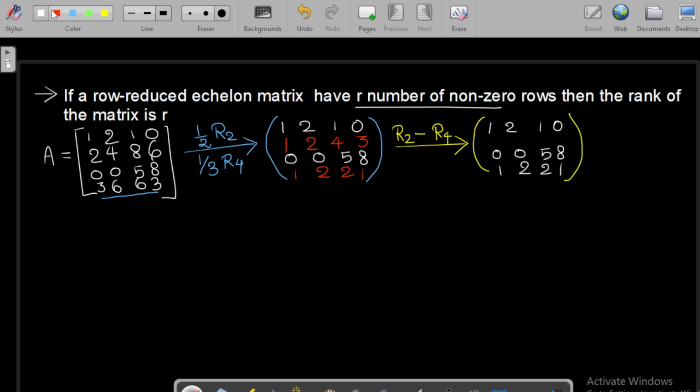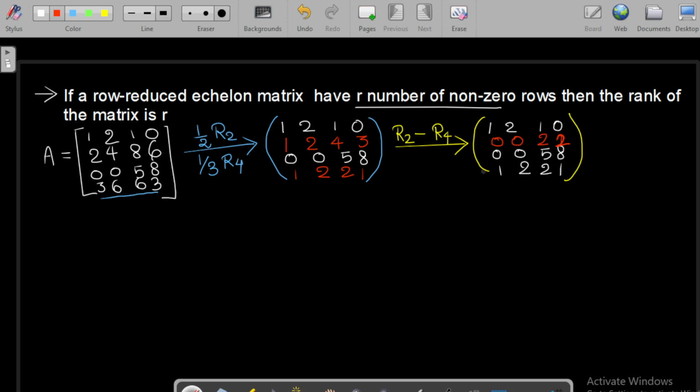I only change the second row here. Now the fourth row is subtracted from the second row, so it becomes 1 minus 1, which is 0, 2 minus 2 is 0, and 4 minus 2 is 2, and 3 minus 1 is 2. It's 2, not 1. Okay, this is the form.